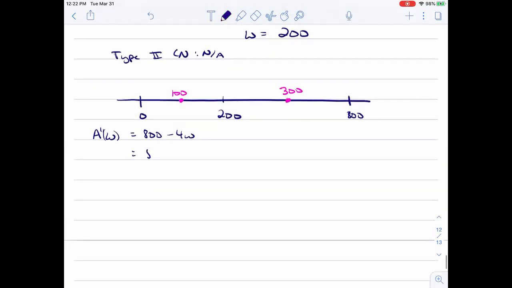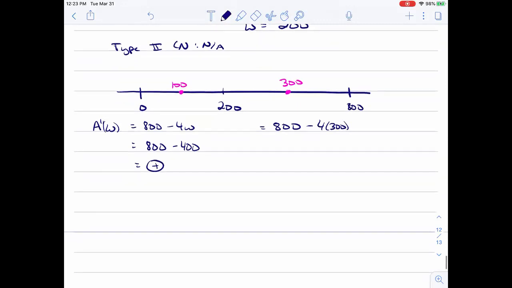Then I get 800 minus 400. It's actually easier to just plug in the numbers. That's a positive value. On this side, it's going to be 800 minus 4 times 300, which is going to be a negative number.